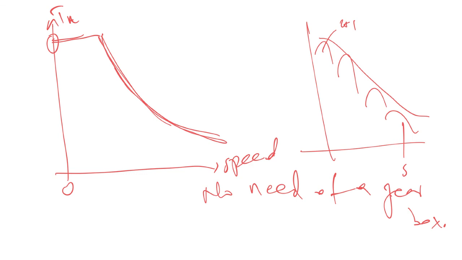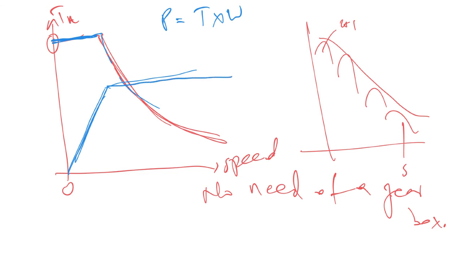Okay, now let me use a different color. If we look at the power curve, right? Remember, power is torque times your speed. If you remember here, the speed is increasing, but the torque is constant, so we have a linear curve there. Now, because torque is going down while the speed is increasing, we now have a constant power there.